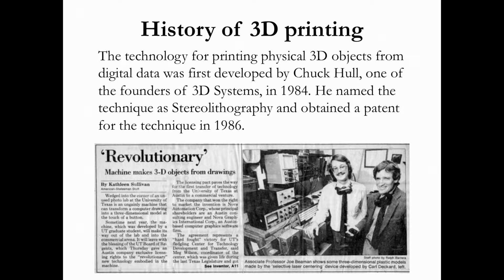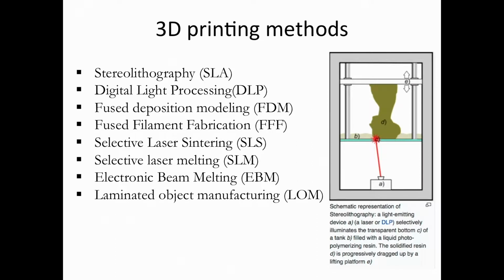And in the same years, 2 other engineers, Joe Beeman from University of Texas, and, I don't remember, Charles Dickier, released a new patent named selective laser sintering, that is a new technology applied for 3D printing. So 3D printing methods are a lot.